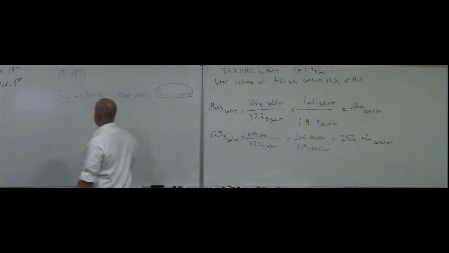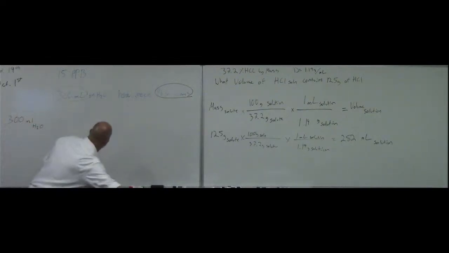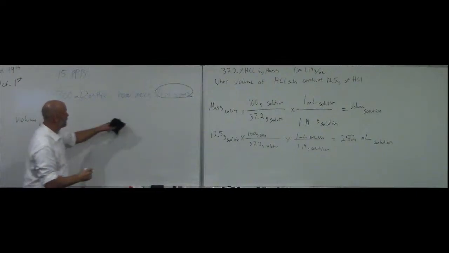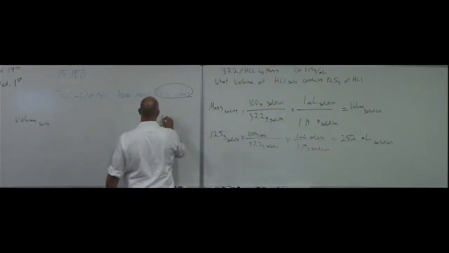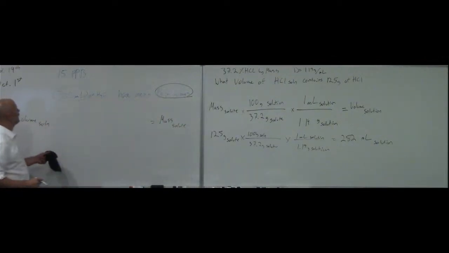I've got to do some conversions in between, right? So I've got 300 milliliters of H2O, or let's say a solution. Given volume of solution, I want to find mass of solute.